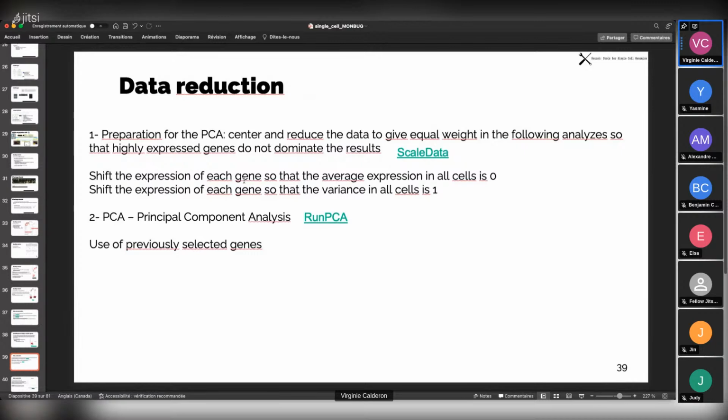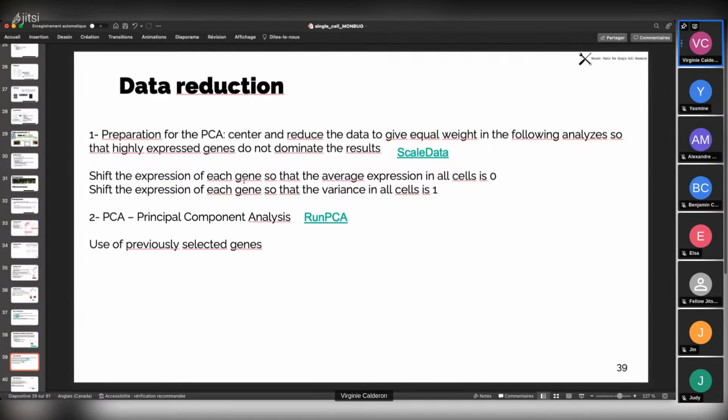The ScaleData function will shift the expression of each gene so that the average expression in all cells is 0. So we center the expression on 0, and then we scale the expression of each gene so that the variance in all cells is 1. That's the basic principle.